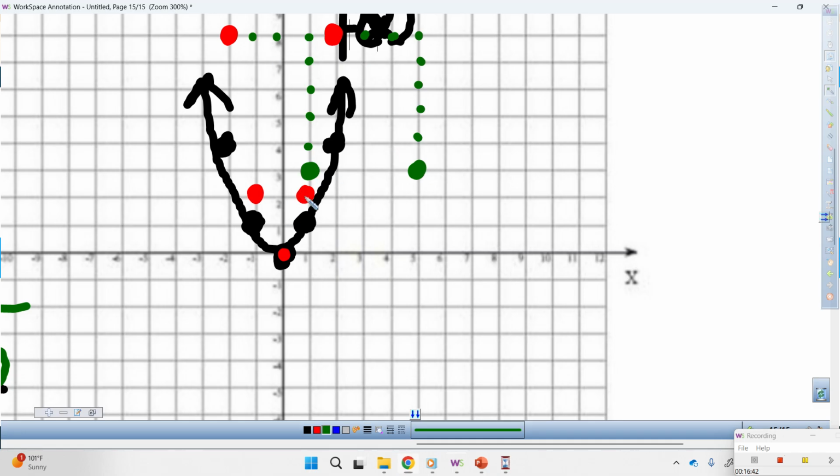Let's go with these now. Same for each remaining point: 3 to the right, 5 down. And now we connect them.